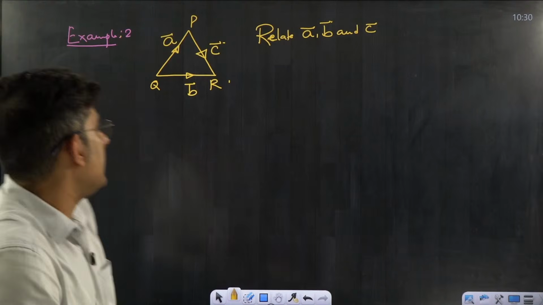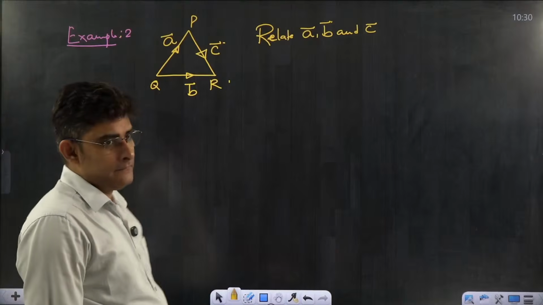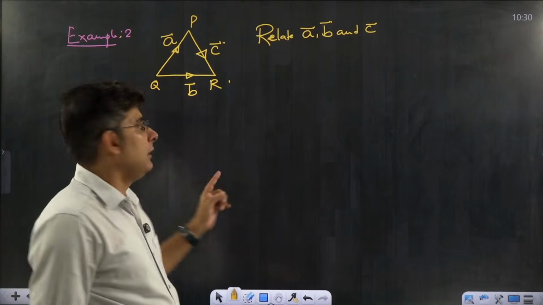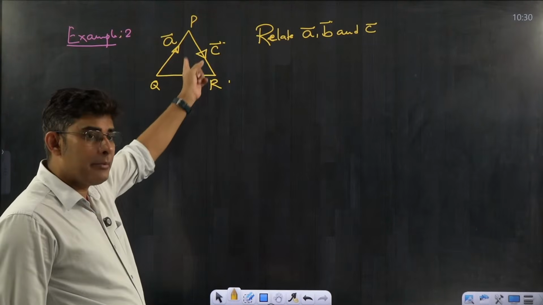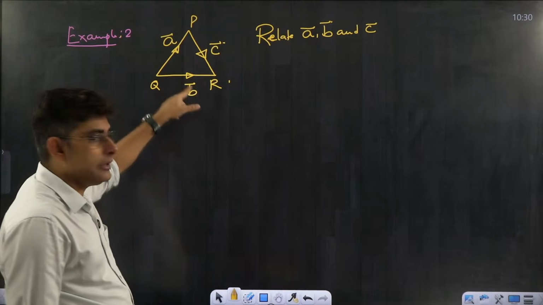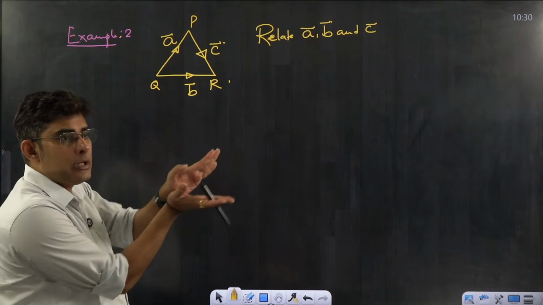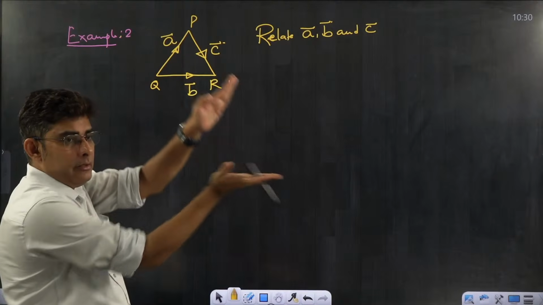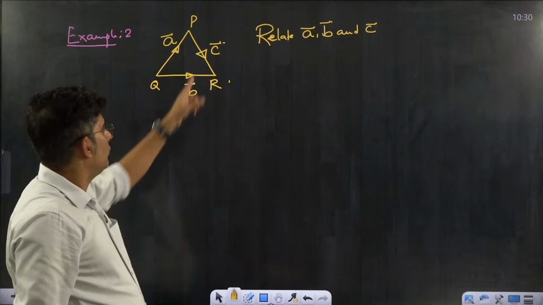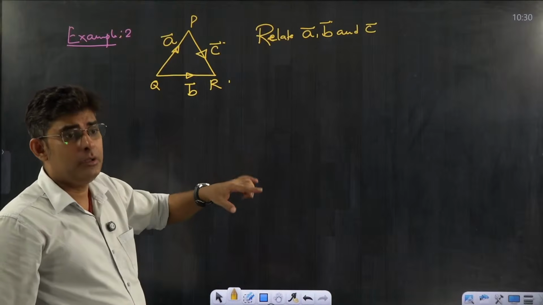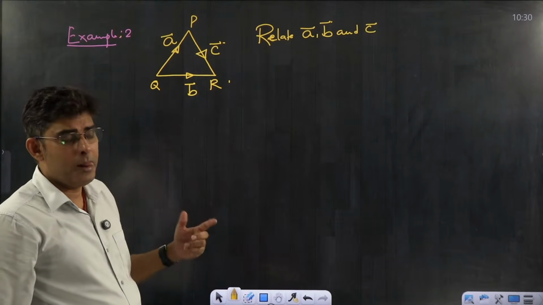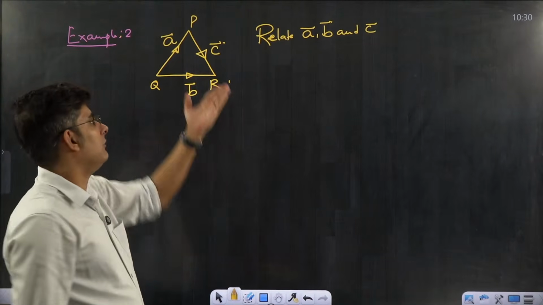It depends on the alignment of the vectors. In the last example A vector ends where B vector starts, but in this example you are seeing A and B both are starting from the same point.